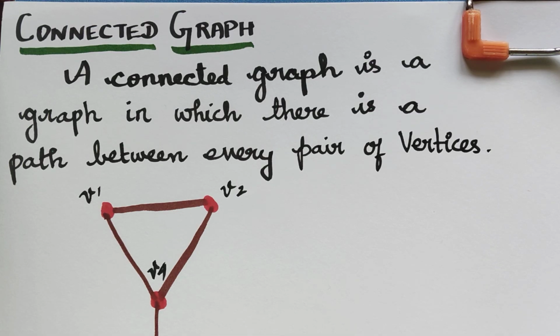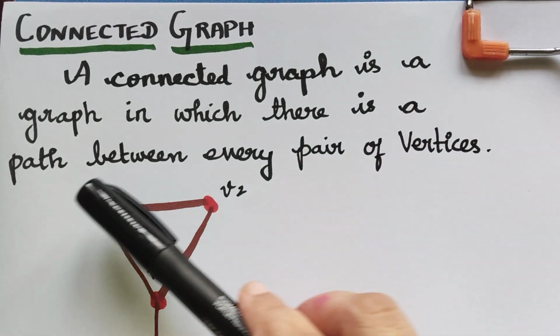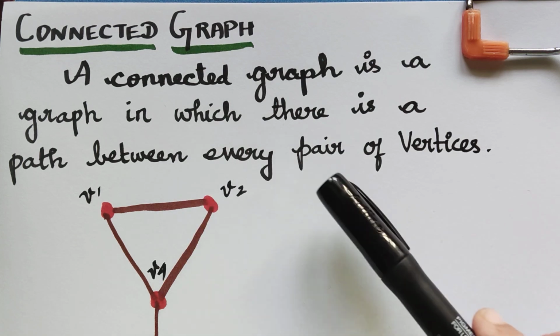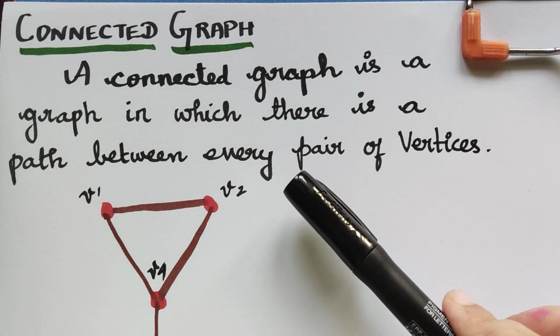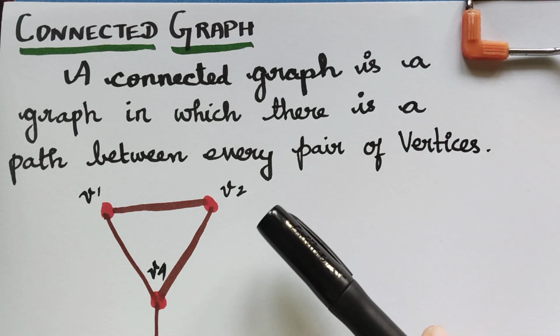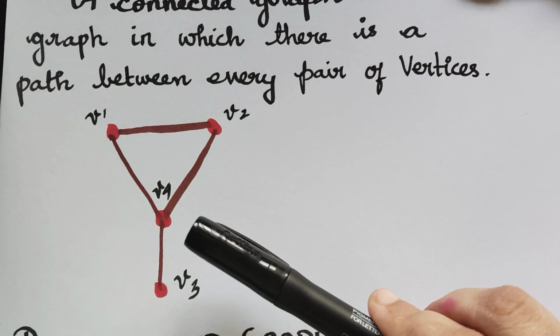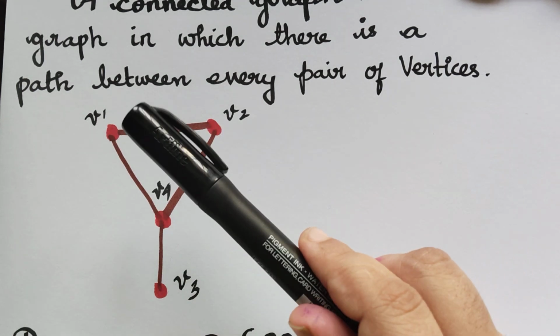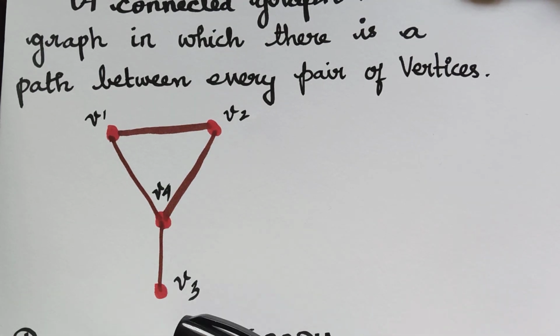So here we have the next definition of connected graph. A connected graph is a graph in which there is a path between every pair of vertices. So if you take every pair of vertices, there will be a path between them. Here we have one example. In this graph, if you consider V1 and V3, there is a path between V1 and V3.